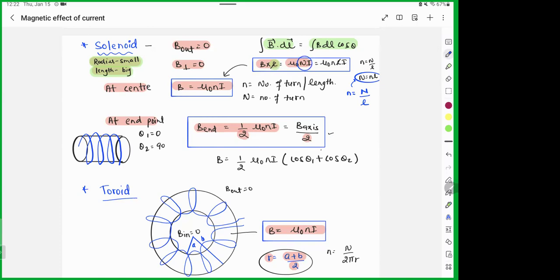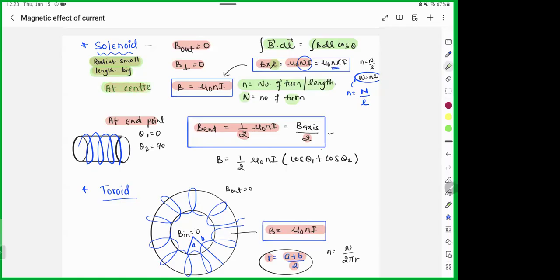And capital N is equal to small n L. L and L will be cancelled out. What will be the B value? No, not Ni. Remember, small n is the number of turns per unit length, and capital N is the number of turns. So both are different from each other.